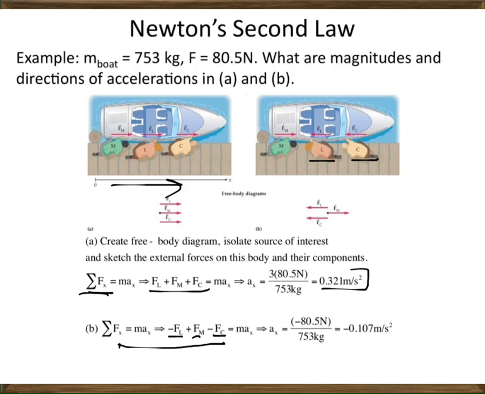If you add these, you will find the resulting force will be in the negative x direction as minus 80.5 newtons, and you divide it by the mass, you will find the acceleration in the second case. Since the net force is toward the negative axis, the acceleration also will be negative.